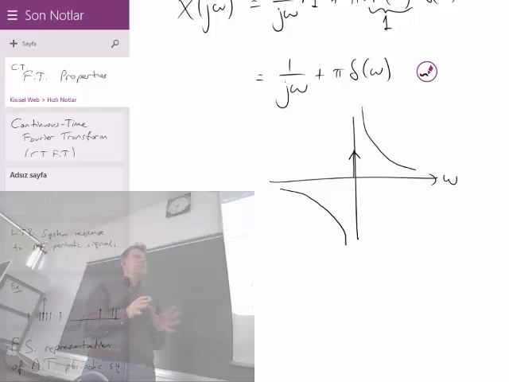But this plot is not good, okay? I'm not drawing it to be precise. I'm just trying to illustrate the phenomenon here. Because these curves are imaginary, we cannot plot it on the same axis as the real function. But anyway, this is how it may look. You can think of it like this.